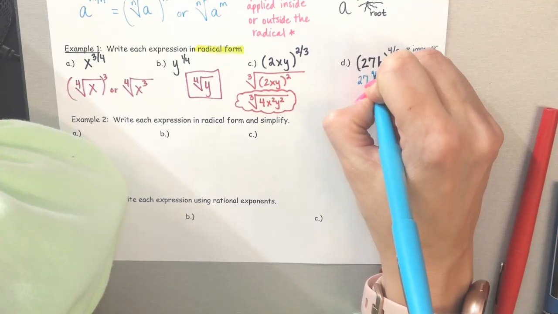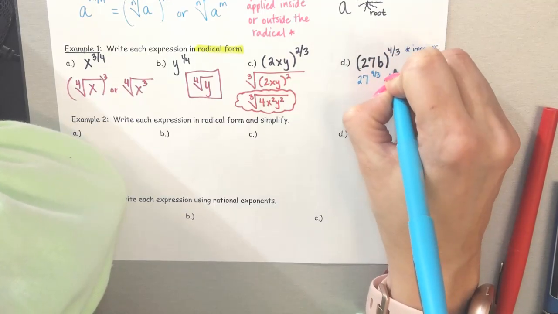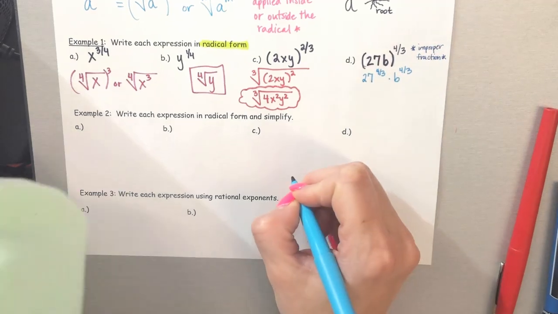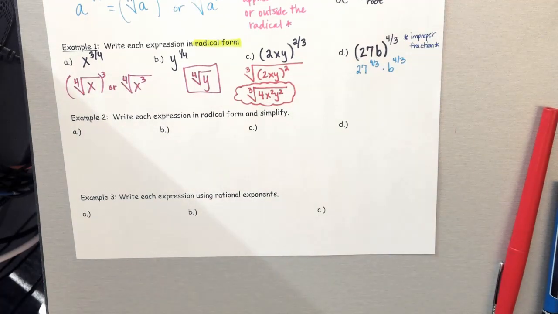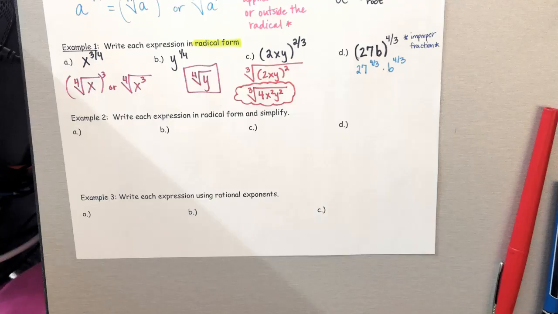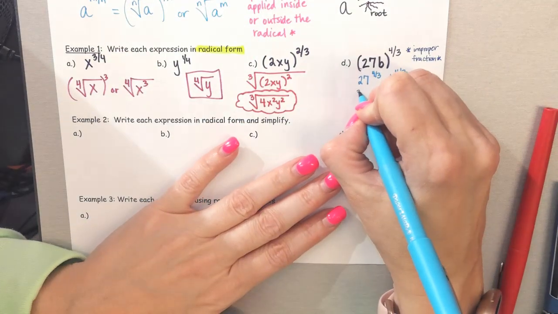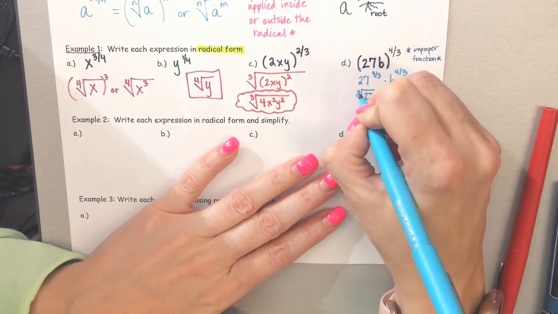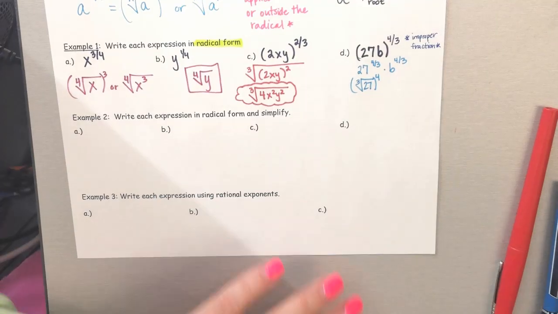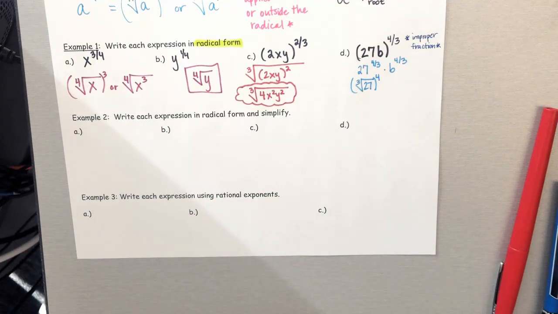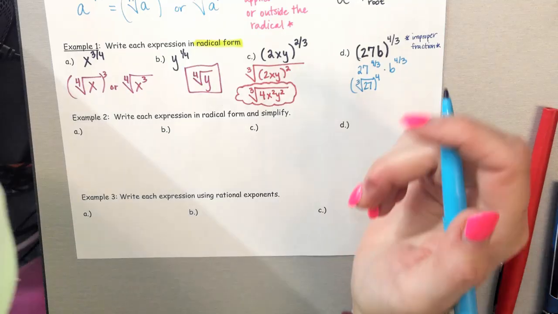So it's 27 to the 4/3 times b to the 4/3. And the reason why we're going to do that is so that now we can do the cube root of 27 and we can raise that to the 4th power. We can put the 4 on the outside. And we're only doing that because there is that improper fraction.